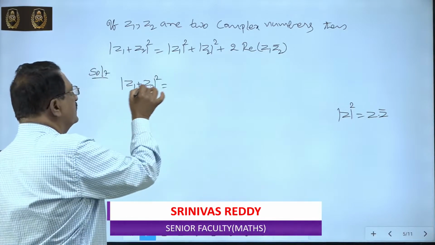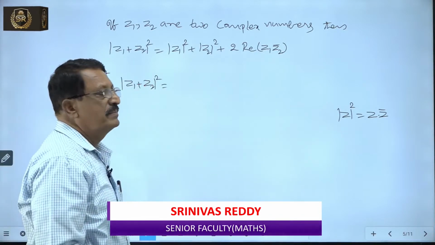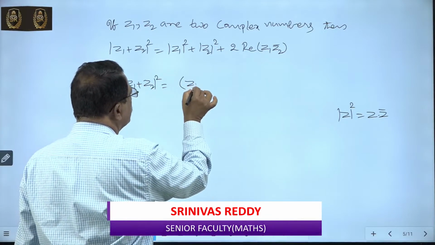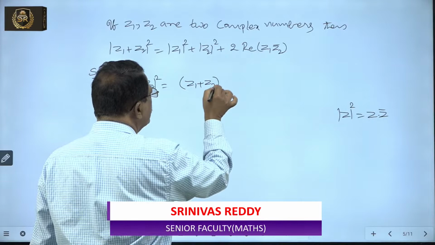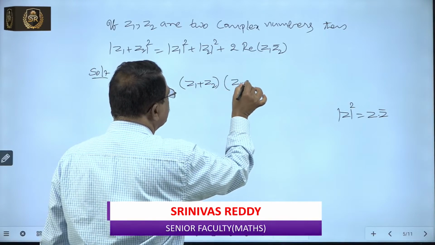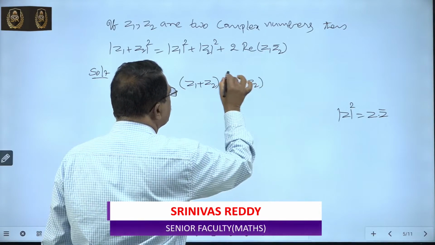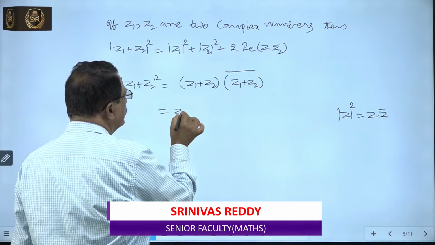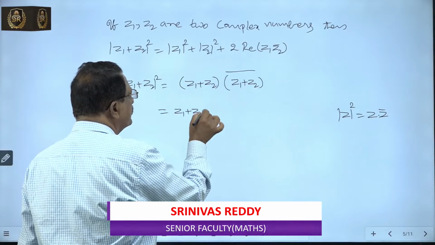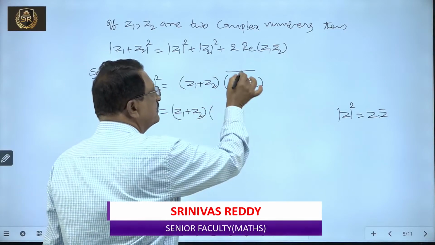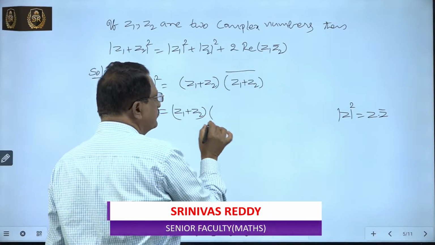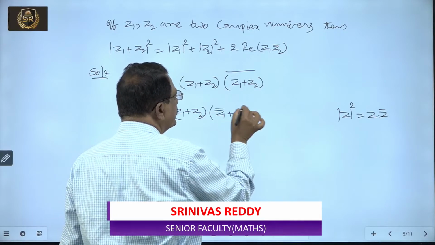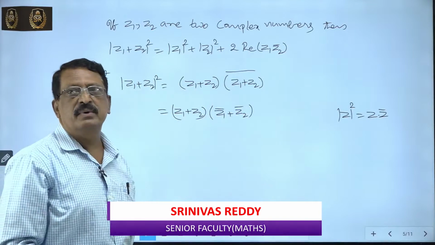Now here Z1 plus Z2 is considered one complex number, then its whole square equals (Z1 plus Z2) into (Z1 plus Z2) bar, which equals (Z1 plus Z2) into (Z1 bar plus Z2 bar).